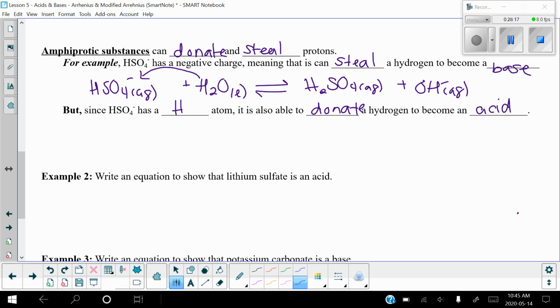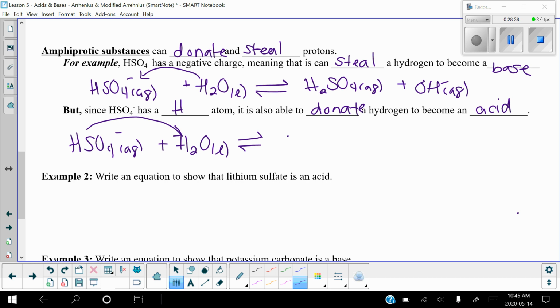Let's take a look at this reaction. HSO4 minus aqueous plus water. Now, instead of stealing, it's now going to donate. It donates.